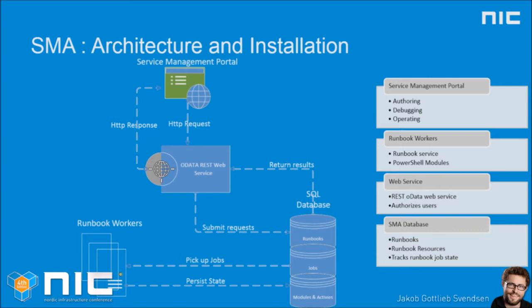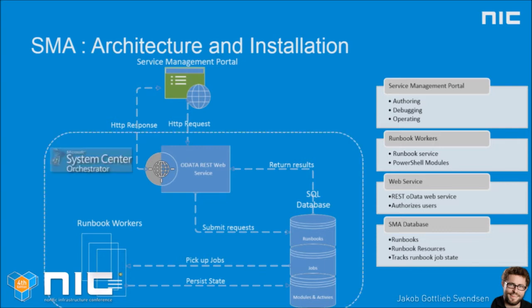So we can actually, by using what's called checkpoints, have it resume where it failed. So when we know the server is back up and running, we can resume the jobs, and another runbook worker will pick up the job. Could be the same, could be another runbook worker, will pick up the job and continue and retry the failed action. I'll show you that in a second.